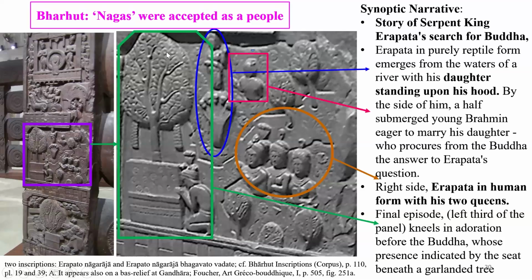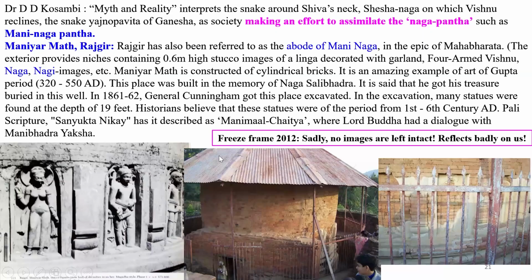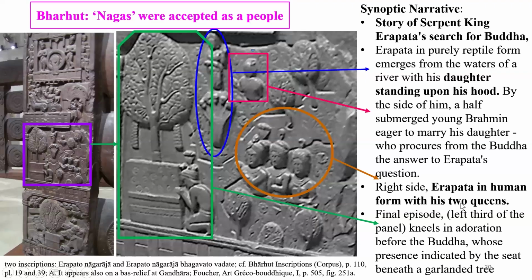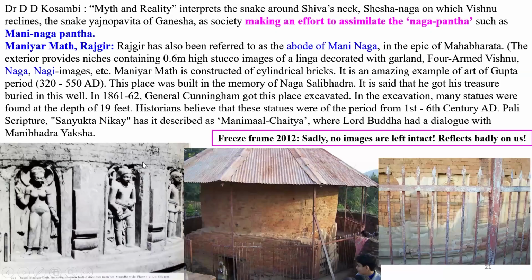And you see, this is still the time where Buddha is not displayed as a person. It is only a symbol. So this is a tree which has been garlanded, and this man is now worshipping at the feet of the Buddha. And that is also because the Naga is not really considered a Naga, but more like people.